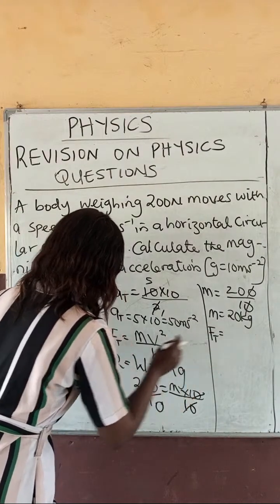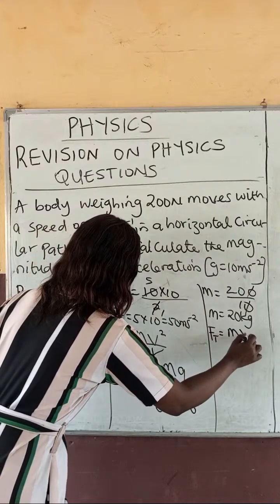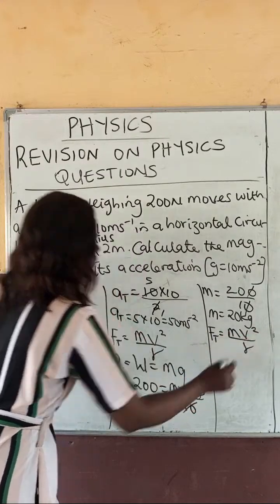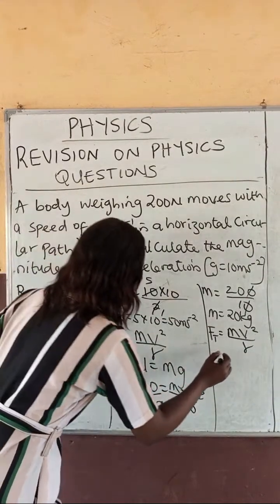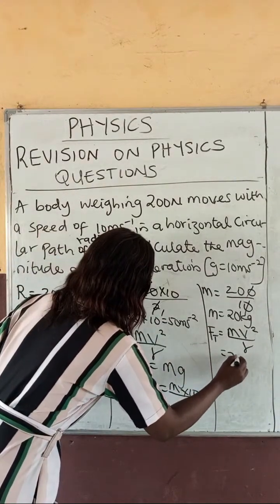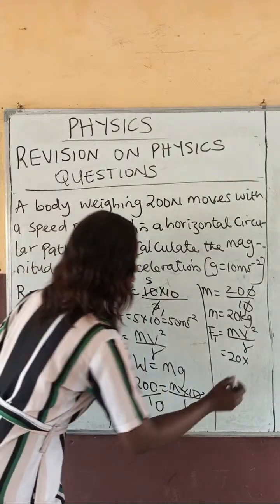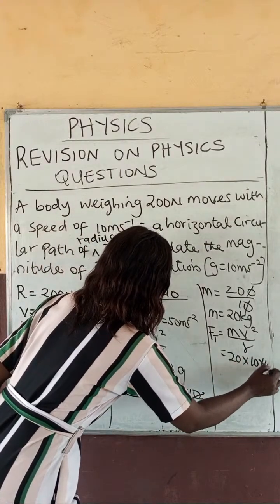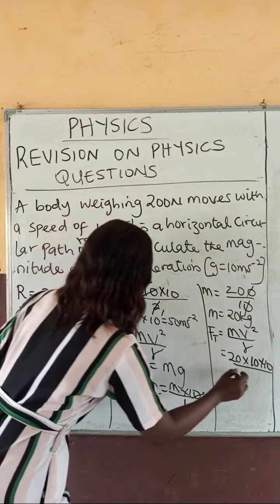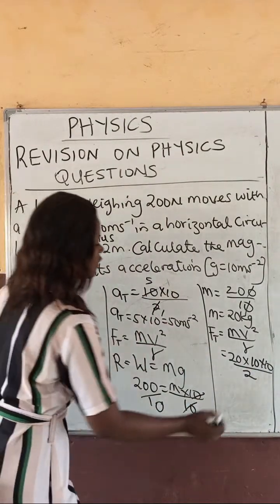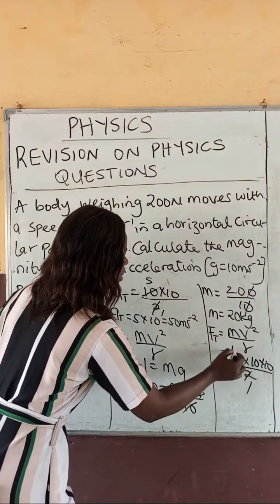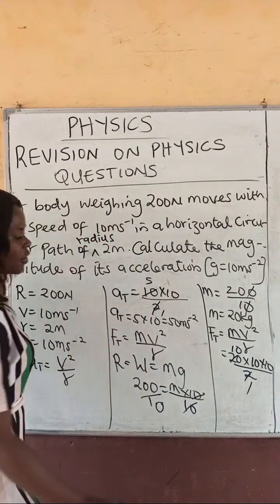Okay, I'll solve for the force. That is mv square over r. I've gotten my m to be 20. So I'll say this is equal to 20 times 10 times 10 divided by 2. If 2 divides itself, and I divide this, I'm going to have 10.